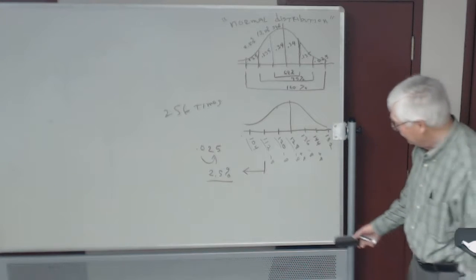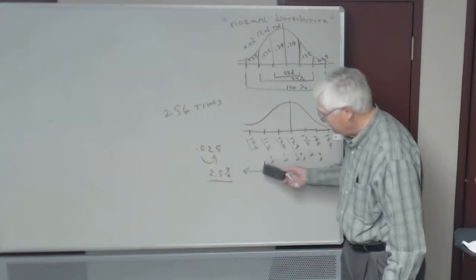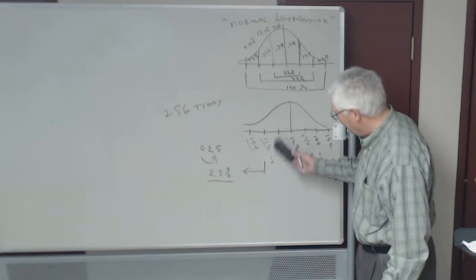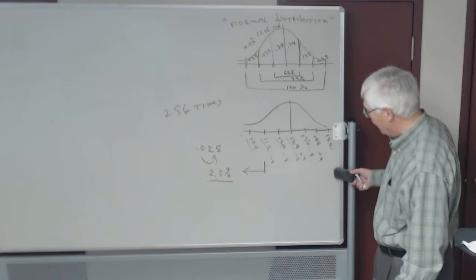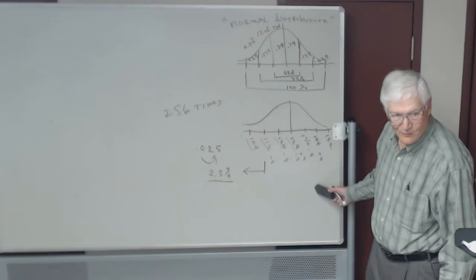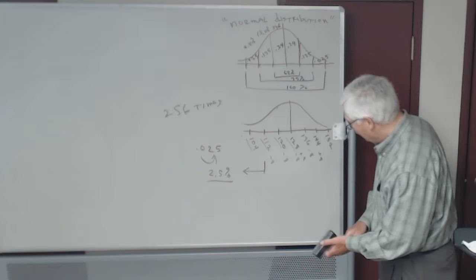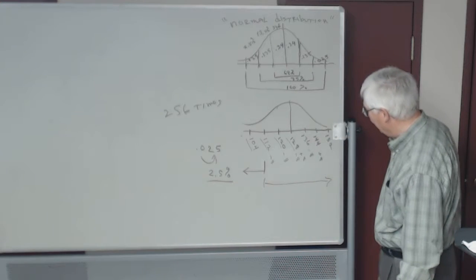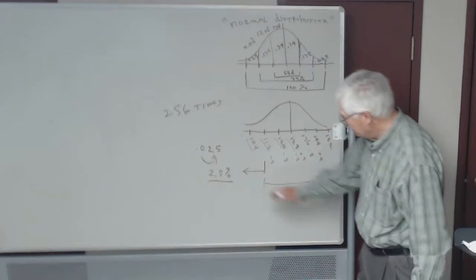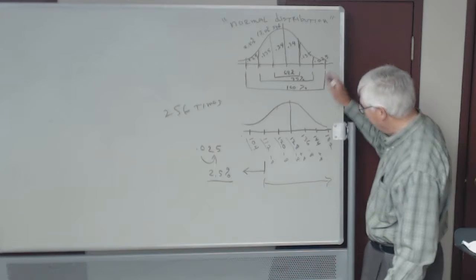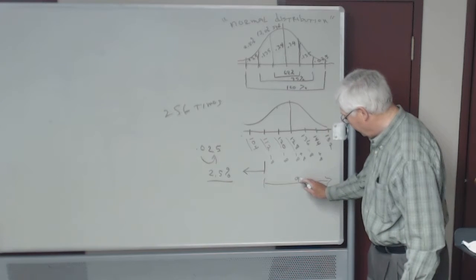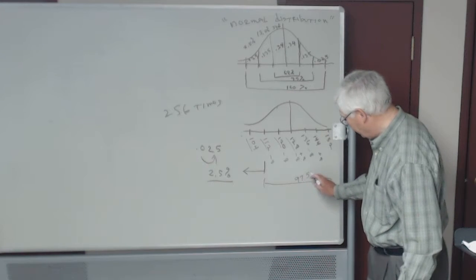So do you see why it said fewer than 112 times? If it would have said, what's the probability of getting heads more than 112 times, what would that have been? That would have been from 112 going this direction. If this is 2.5% and the whole thing's 100%, this would be 97.5%.